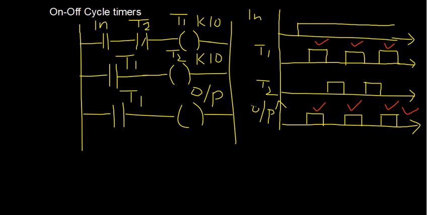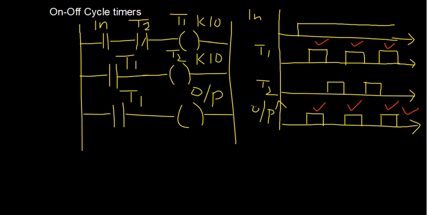So now what exactly happens, you can understand in this particular ladder diagram, right? Here both the timers, that is T1 as well as T2, are designed in such a way that the output is switched on for 5 seconds and again the output is switched off for 5 seconds.